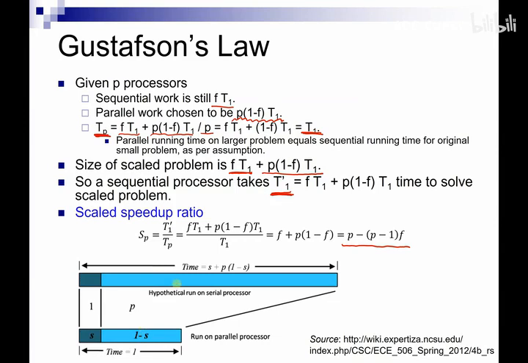Whereas on a sequential processor, the running time is going to be the sequential portion plus P times this part over here, because you only have one processor, whereas here you have P processors. The scaled speedup ratio is basically comparing the length of this sequential running time, T prime sub 1, with this T sub P.